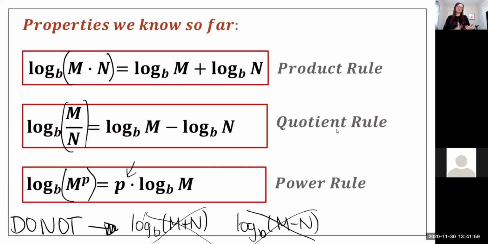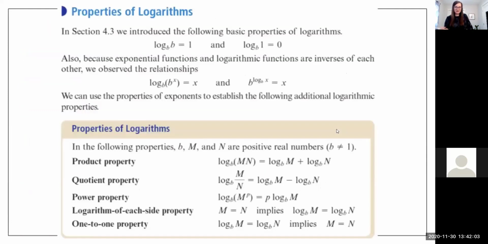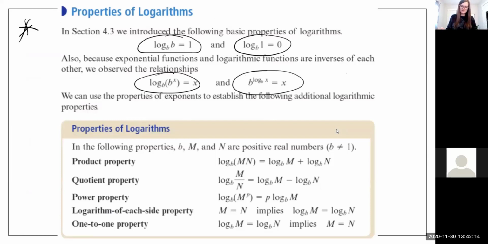We do have rules for multiplying, dividing, and exponents. This is a summary of all the properties that you can use. You can refer to this. It's from the textbook. We've done this one, this one, this one, this one, and then these were the ones we just talked about.